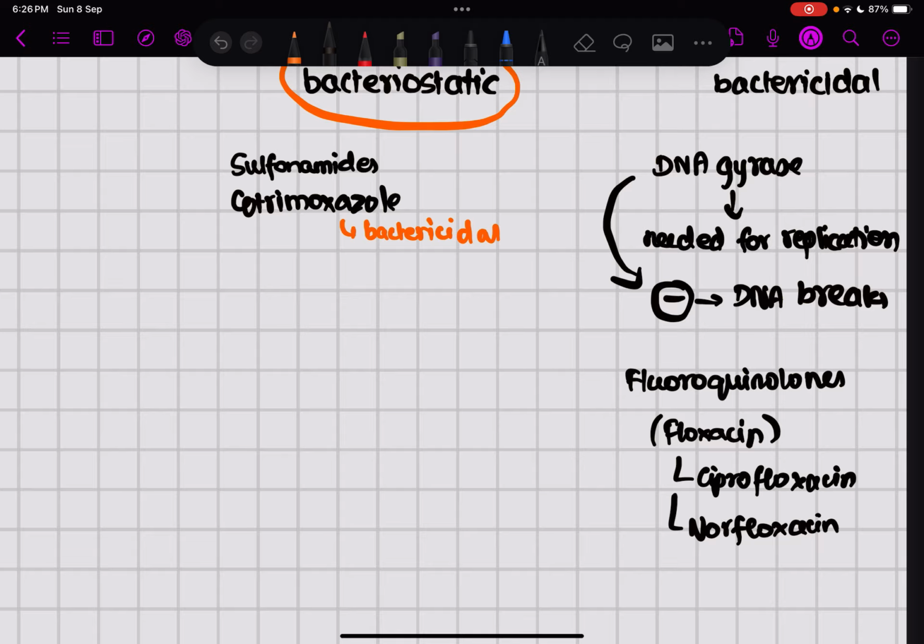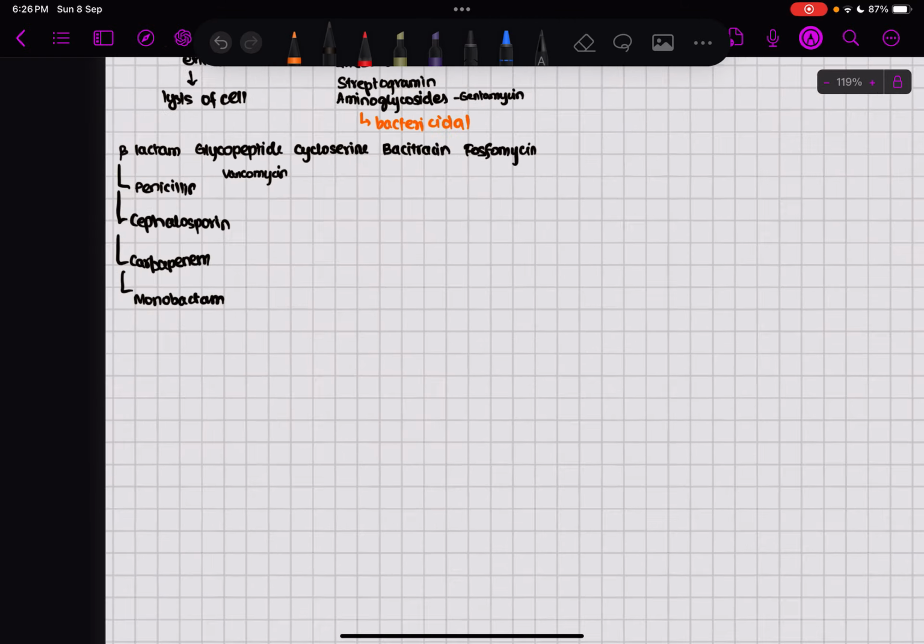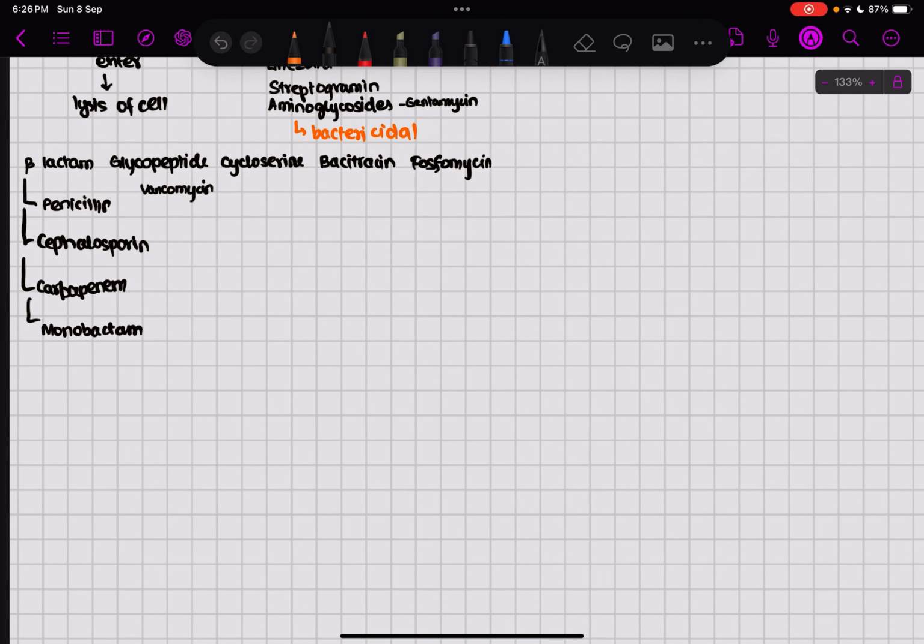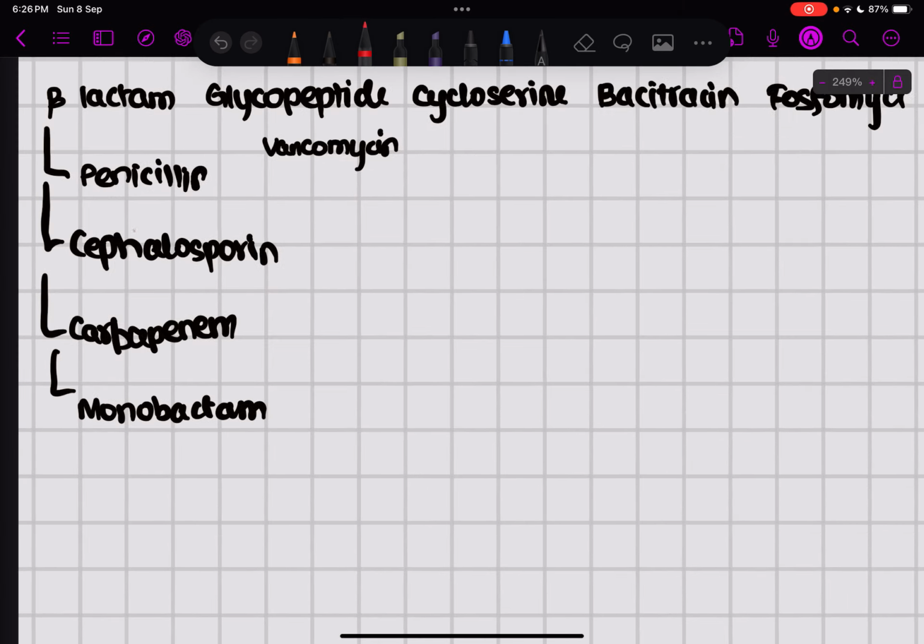With this, we complete the classification and a few other points. We did not check on what spectrum each acts on. Penicillin acts on gram positive. Cephalosporins act on gram negative. These have both positive and negative spectrum.